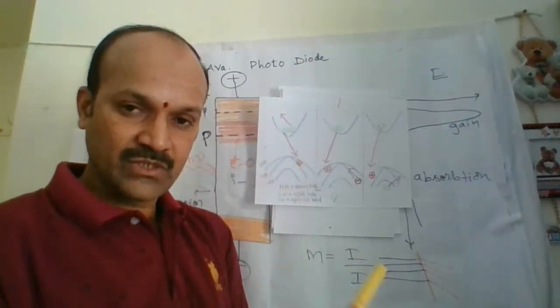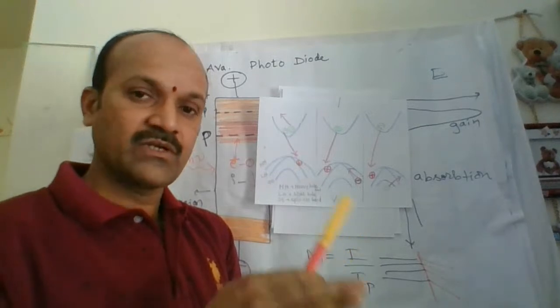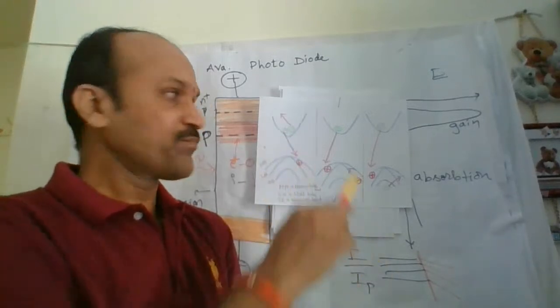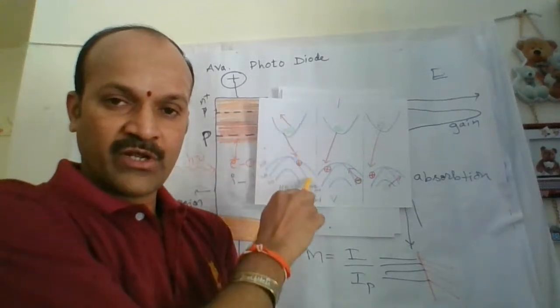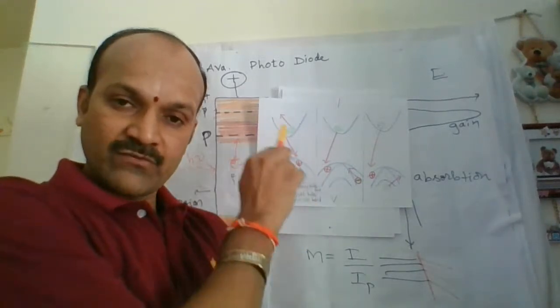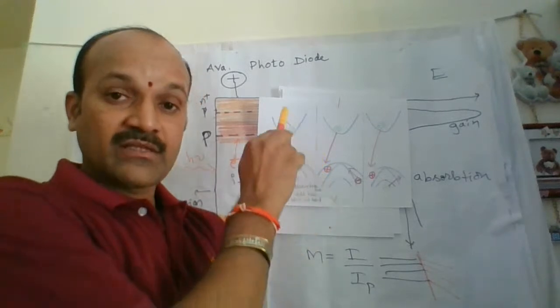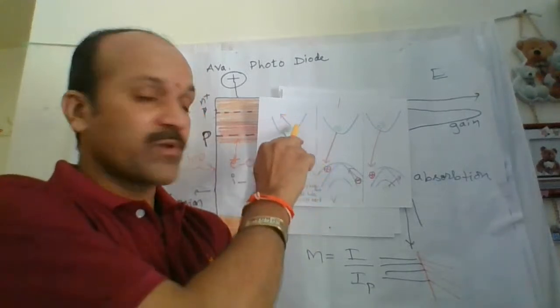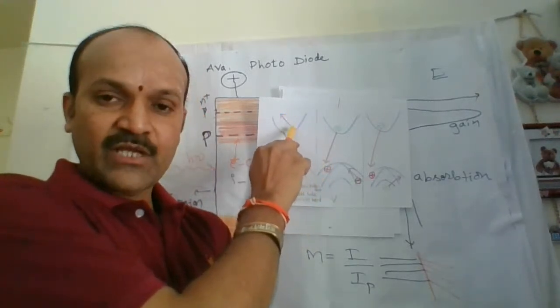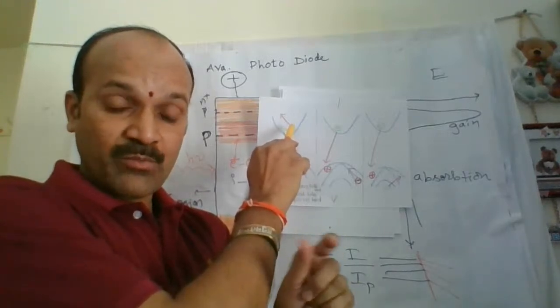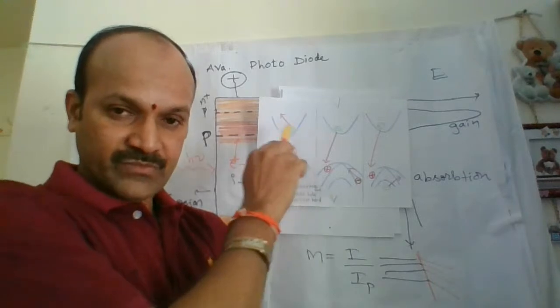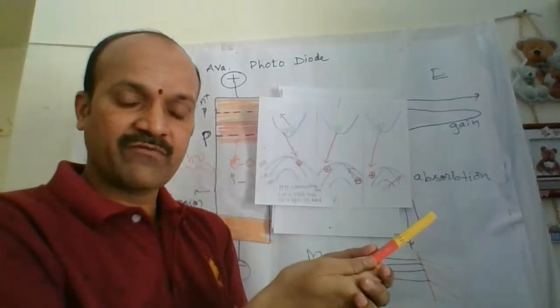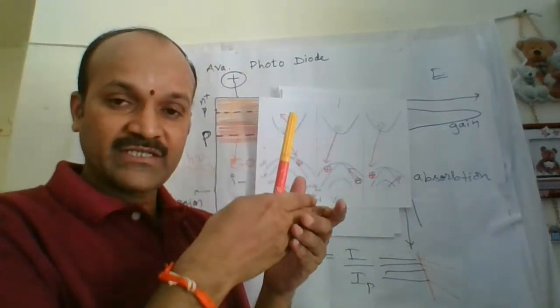Is it clear? Shall I repeat? Listen again, very simple. This electron-hole recombination gives out energy. That energy is absorbed by free charge carriers. Because of Coulomb collisions, they collide with each other.